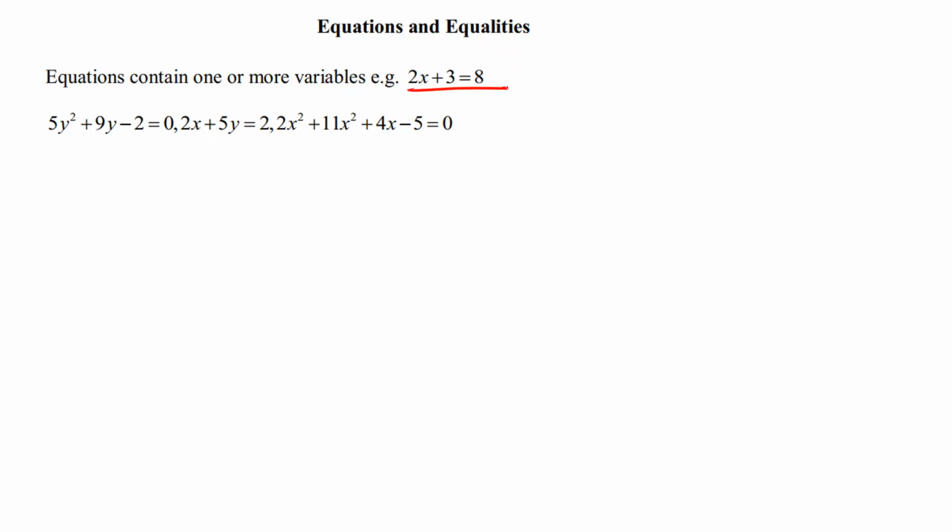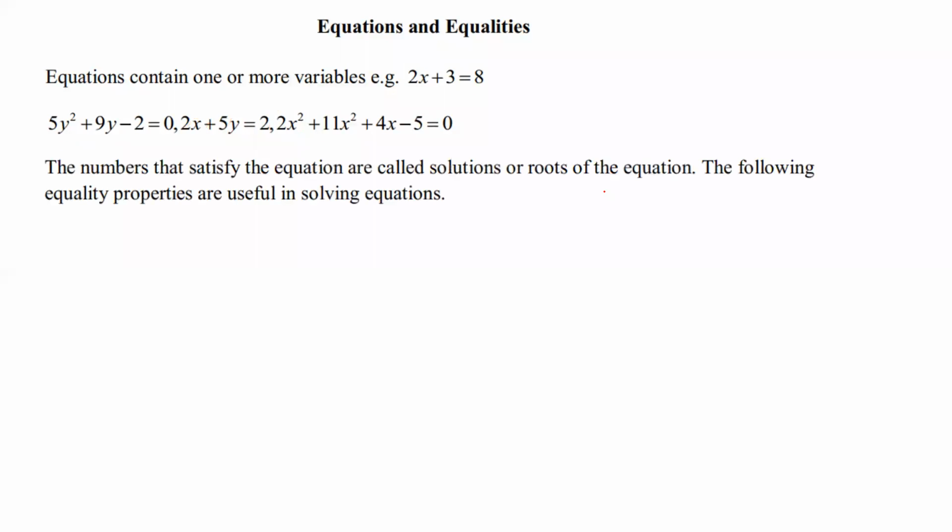We have this one, we also have this other question here. It's also an equation. Even this part where we have two variables, x and y, is also an equation. You also have this quadratic equation. So these are some of the examples of equations. The numbers that satisfy the equation are called solutions or roots of the equation.